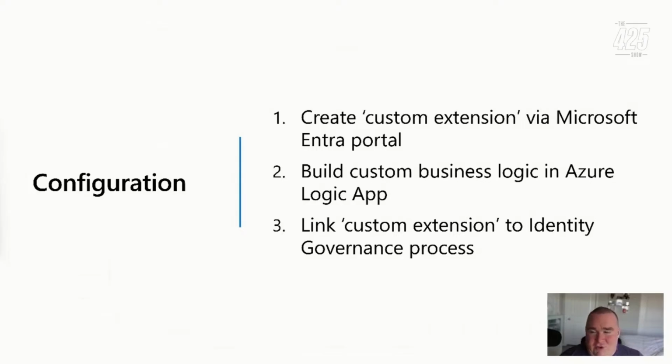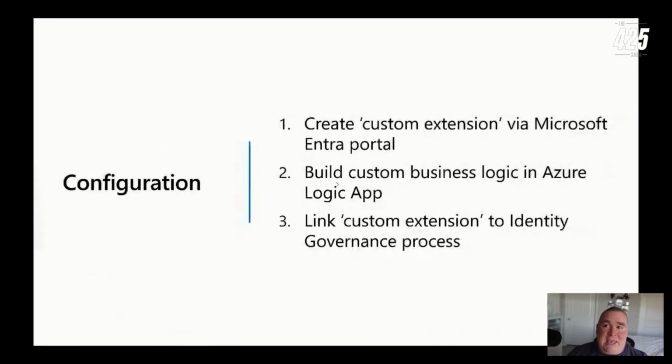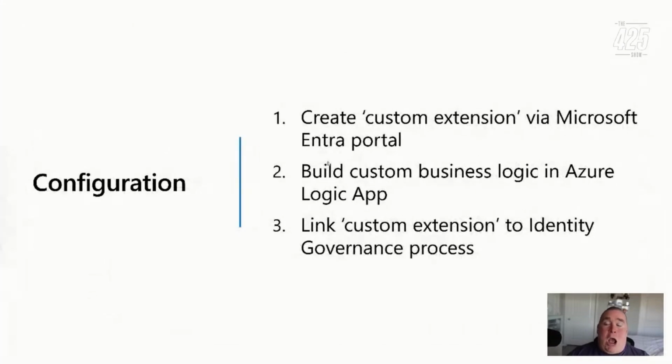But what Alex is really trying to show here is that the capabilities of customization are based upon those foundations of Azure Logic Apps, right? Being able to do those complex activities by taking connectors and piecing them together to achieve the outcome. Now, I've built many logic apps for identity governance.